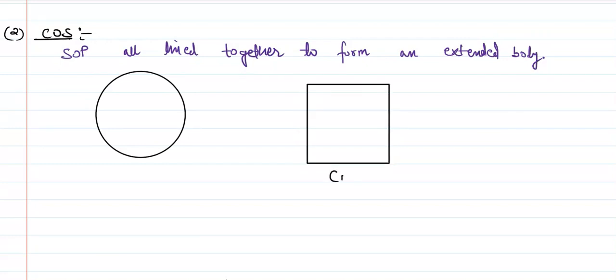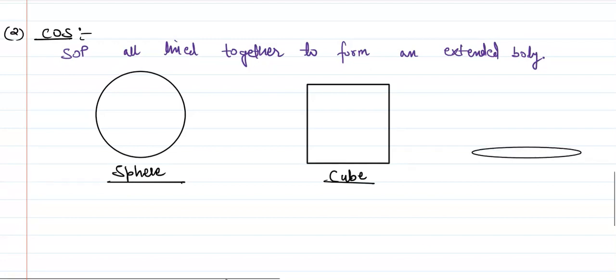Cube, sphere, or are there any more examples? Cone. Cone is also an example of continuous object system.